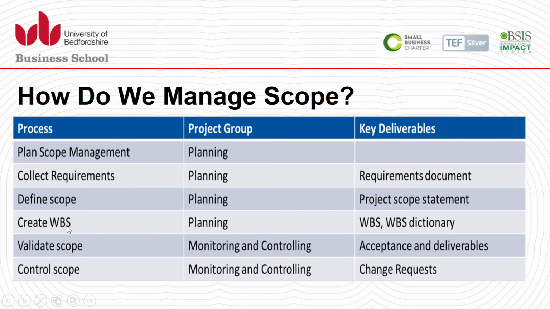When performing these processes in project scope management, as a project team, planning, collecting requirements, defining and creating the WBS are all part of the planning phase. So planning is quite paramount for the success of the project.